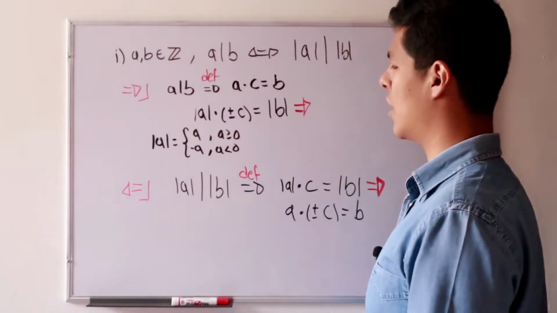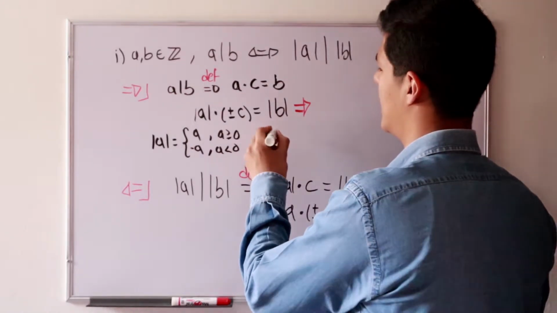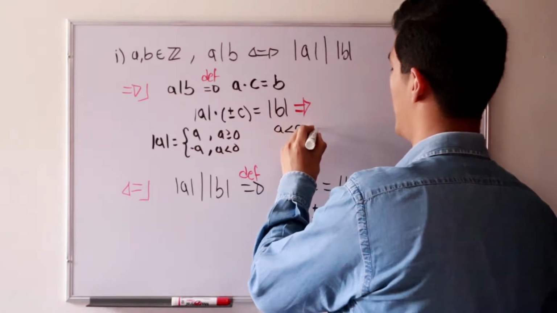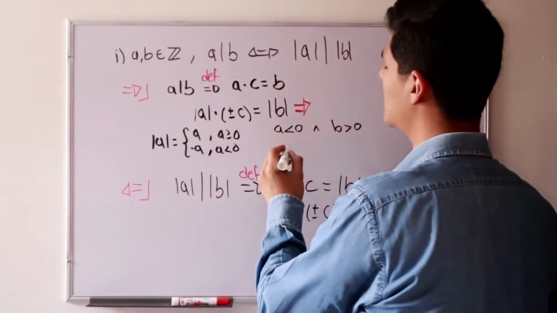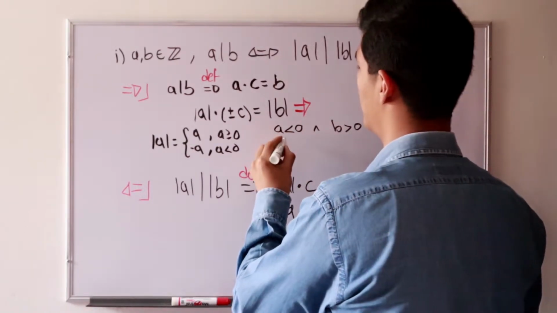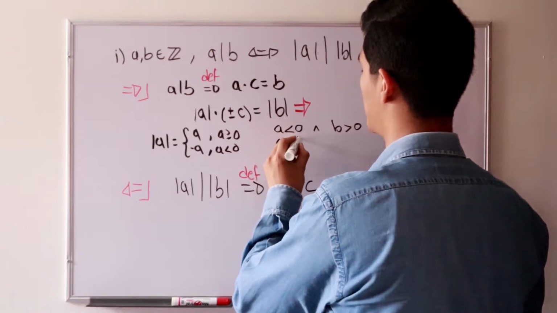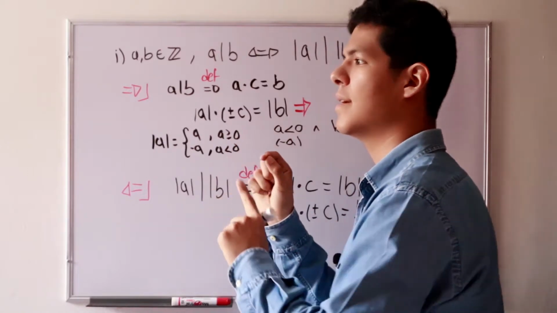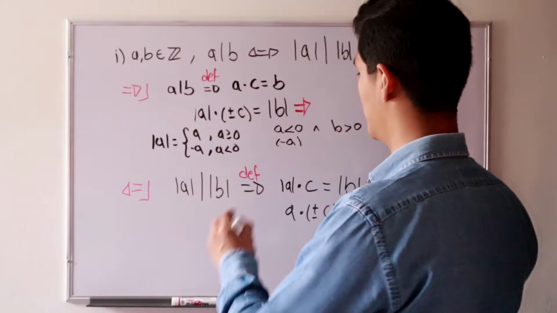So the only case that we need to show is if A is less than 0 and B is greater than 0. What happens here? Well, if this happens, we need to multiply by minus 1 times minus 1. This means that we are multiplying by 1.